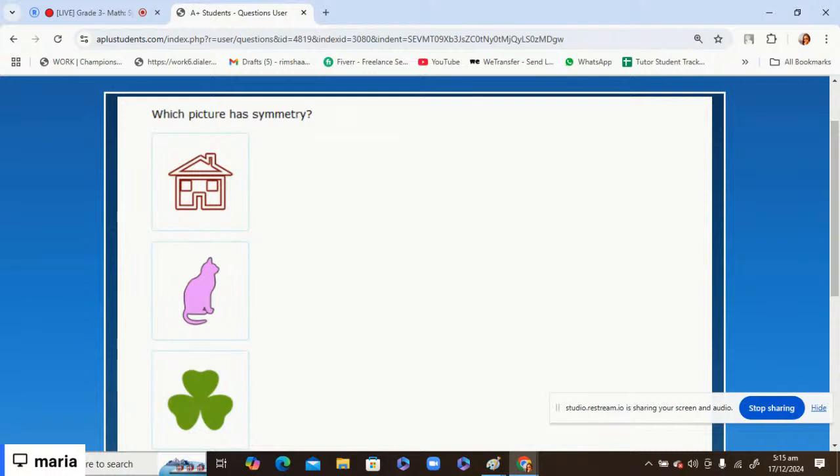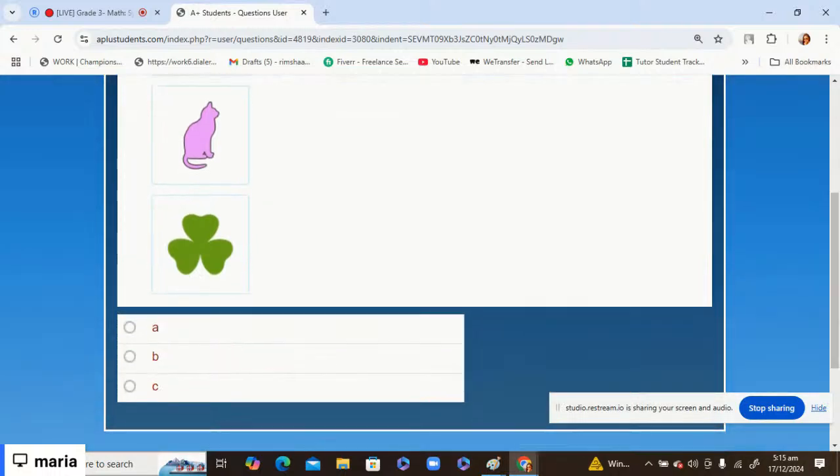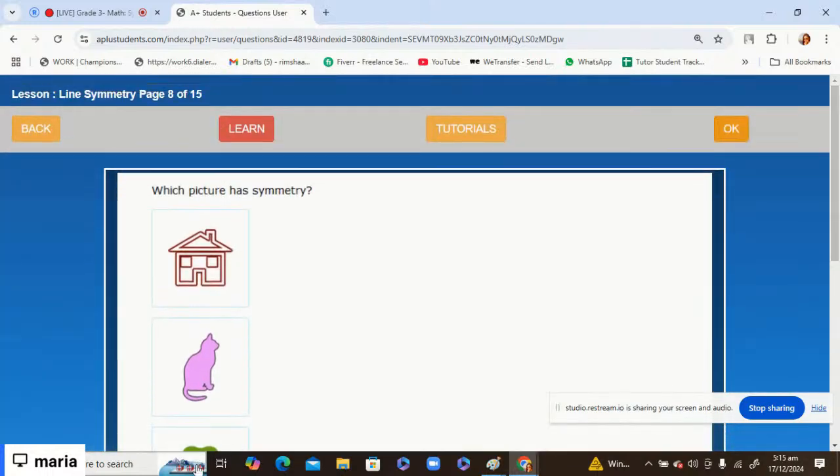Why is it saying option one? Yes, it's option C. That is the right answer. Good, everyone. Very well done.